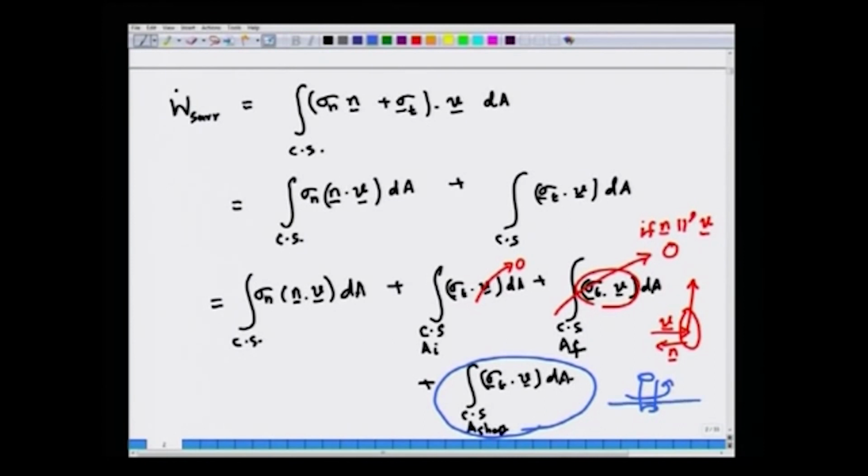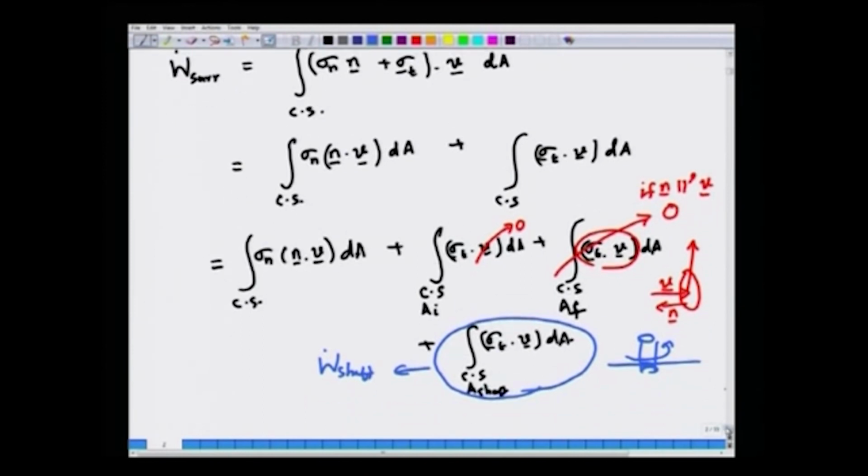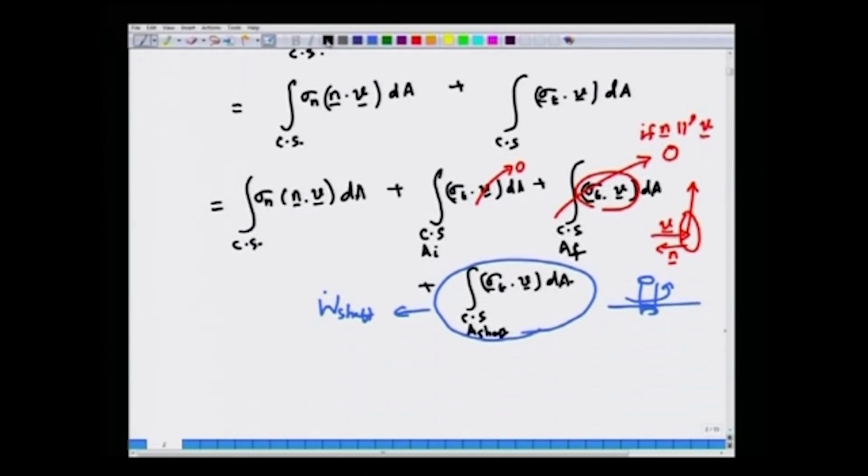Now, this contribution is not 0, because whenever there is a rotating element and the CS is cutting across it, there is a stress and there is also a velocity in the direction of the stress. So, this is the shaft work, denoted as W dot shaft, the rate at which shaft work is done by the surroundings on the CV. So, we are still looking at the rate at which work is done by the surroundings on the CV: integral over CS sigma n dot V dA plus W shaft.